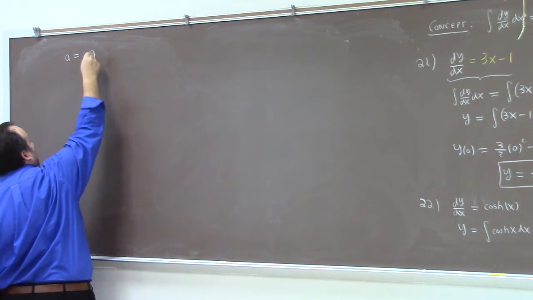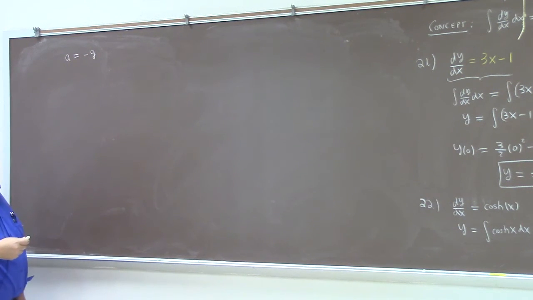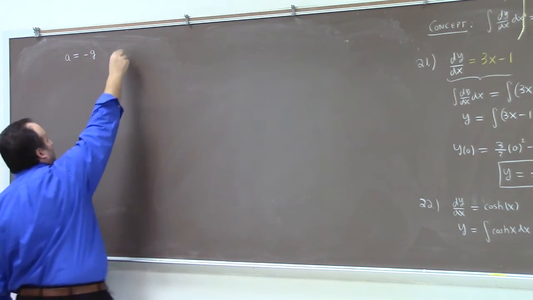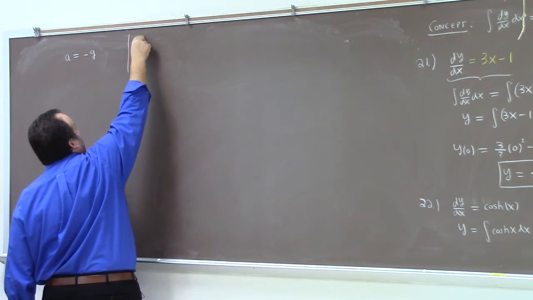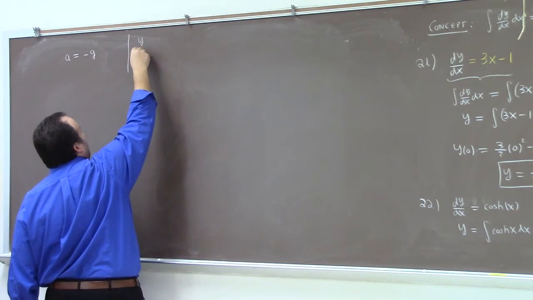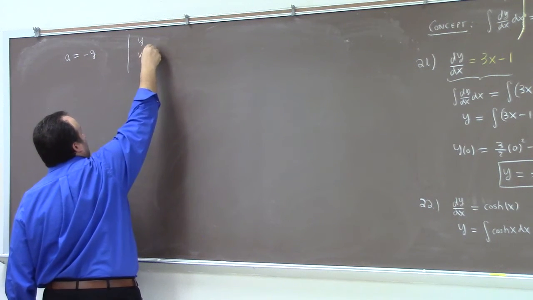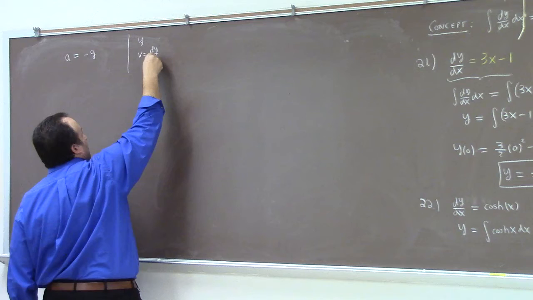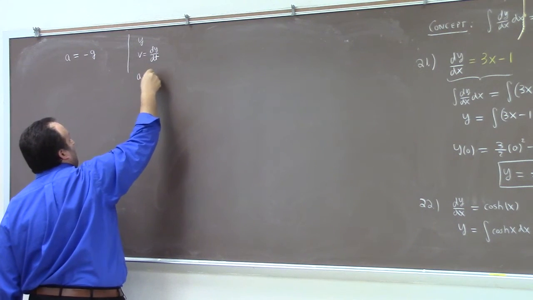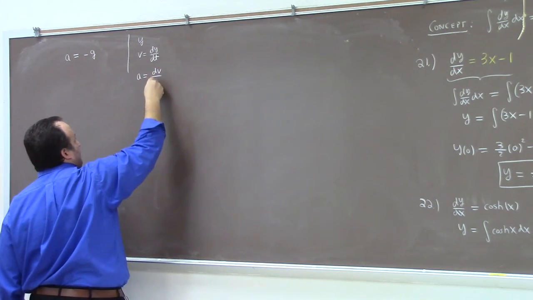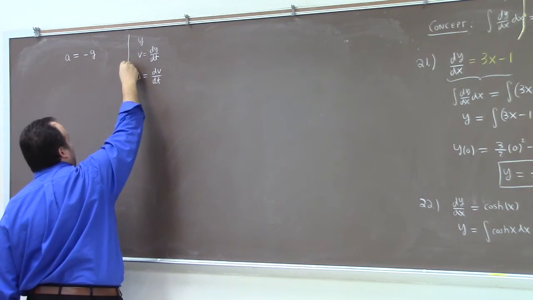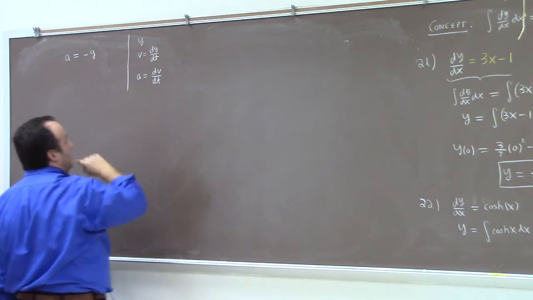Here y is the position, then v is dy dt, the velocity, and then a is the acceleration. This is all with respect to the vertical direction. We're talking about gravity.